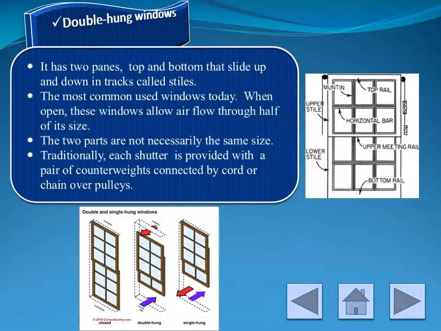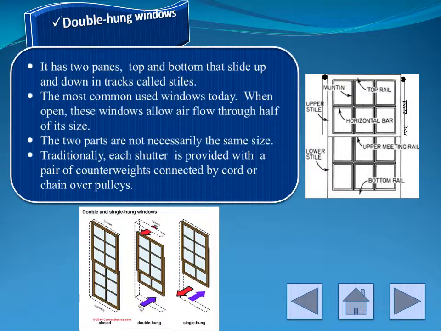We have the double hung windows. It has two panes, top and bottom, that slide up and down on a vertical surface. The most commonly used windows today. When open, these windows allow airflow through half of the opening. Study the diagram very well.